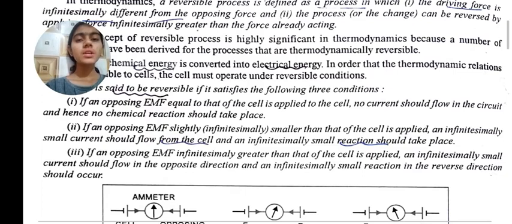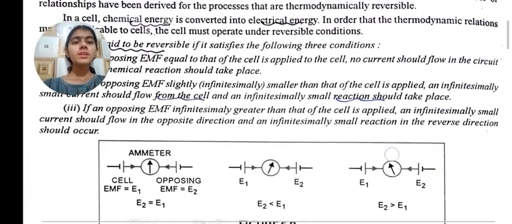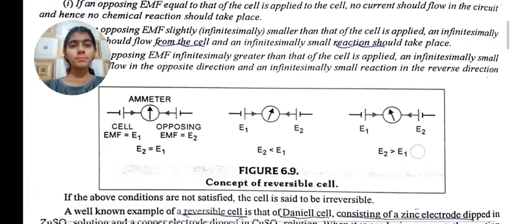Third condition: if an opposing EMF infinitesimally greater than that of the cell is applied, then an infinitesimally small current should flow in the opposite direction and an infinitesimally small reaction in the reverse direction should occur.